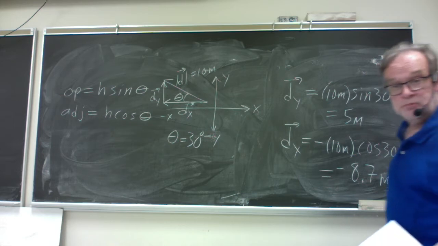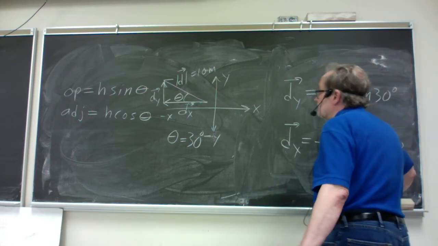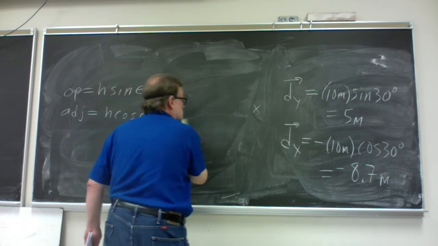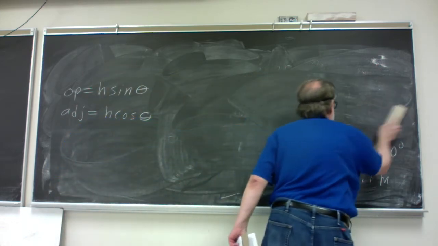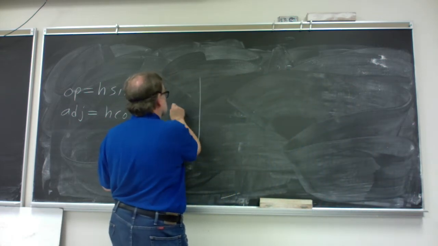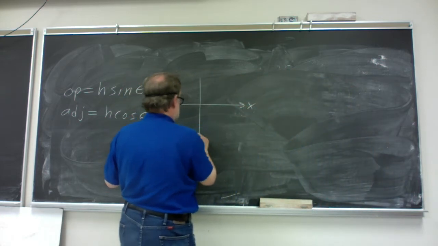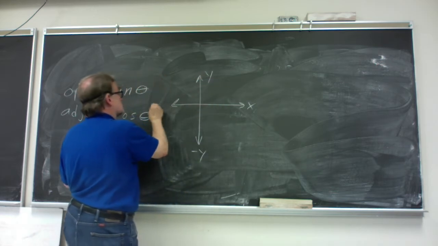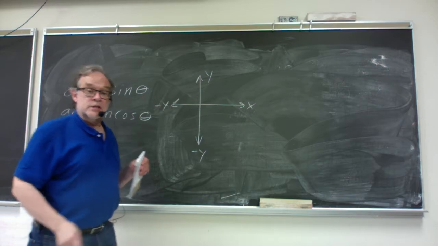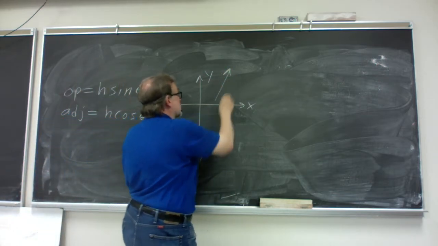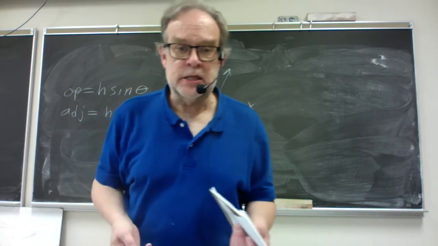One more example. Here's our xy coordinate system, and our vector will be something like this. Just imagine another displacement vector.